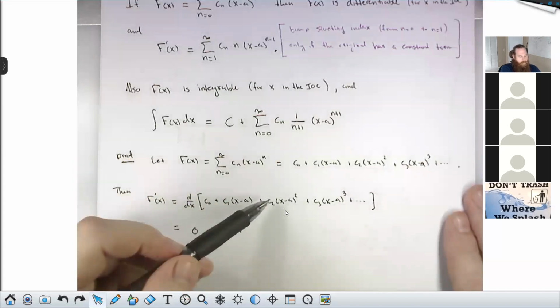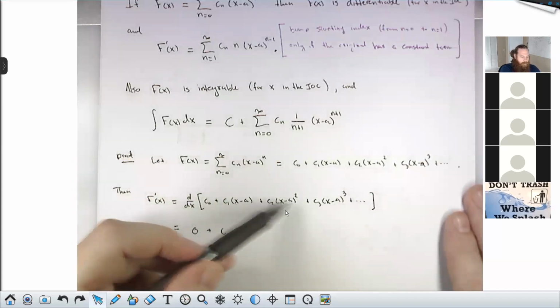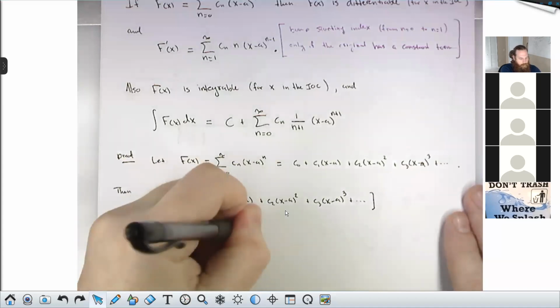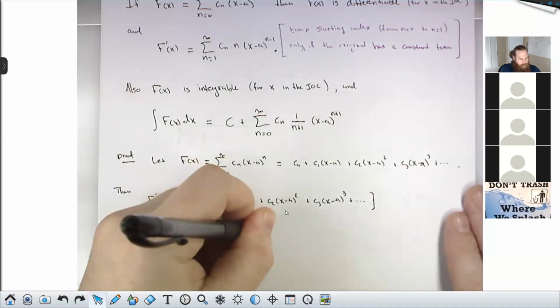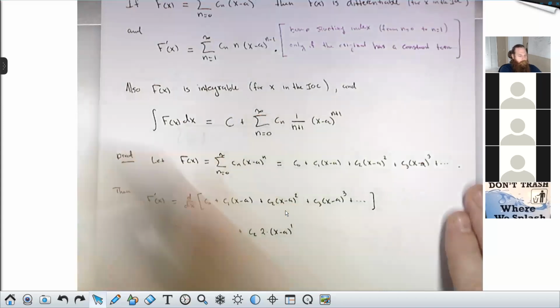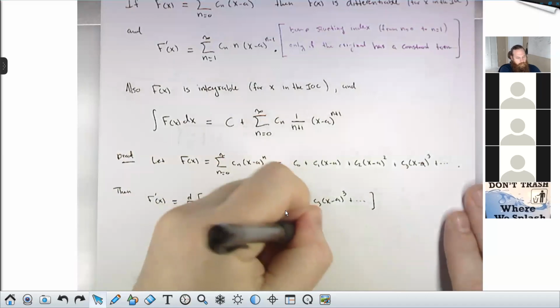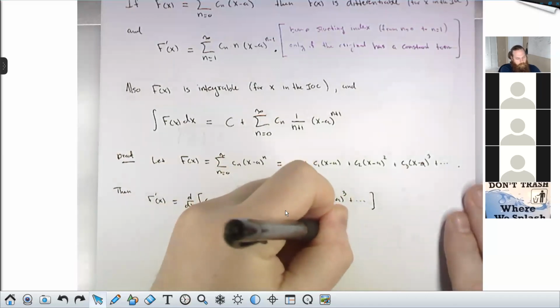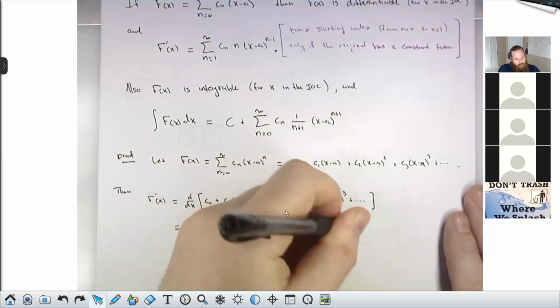Plus, if I differentiate C2 times (x minus a) squared, the derivative of (x minus a) squared is 2 times (x minus a) to the 1 times the derivative of x minus a, which is just 1. So the C2 comes along for the ride, and I'll get 2 times (x minus a) to the 1. Plus the C3 comes along for the ride, derivative of (x minus a) cubed is 3 times (x minus a) squared.